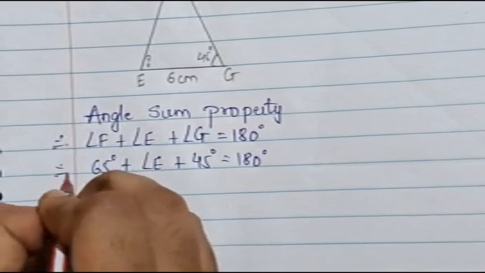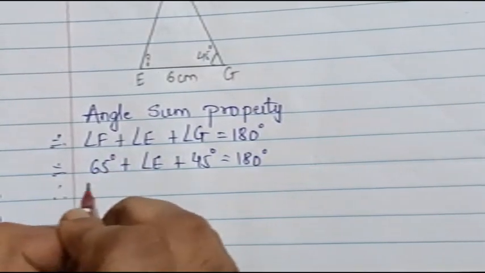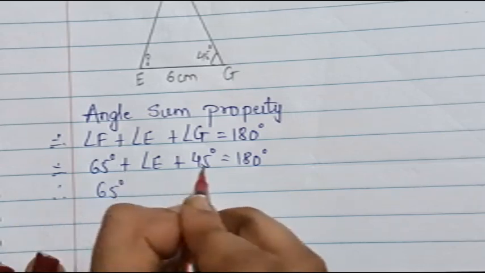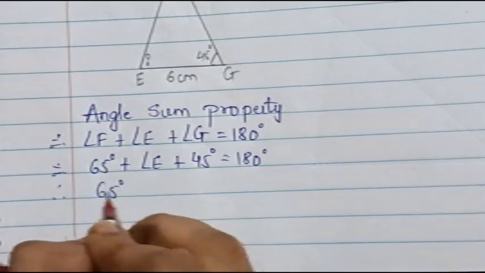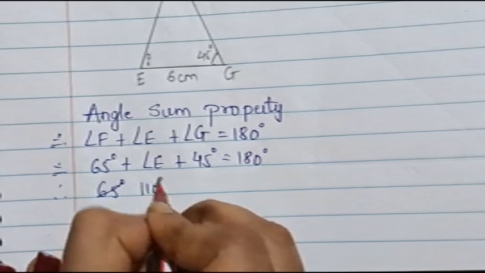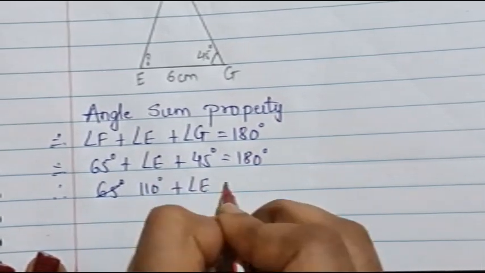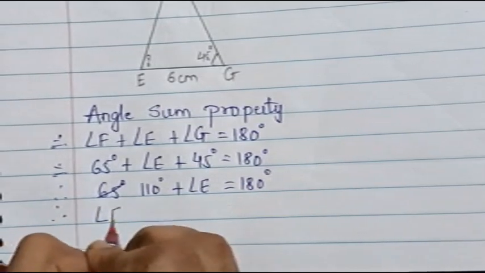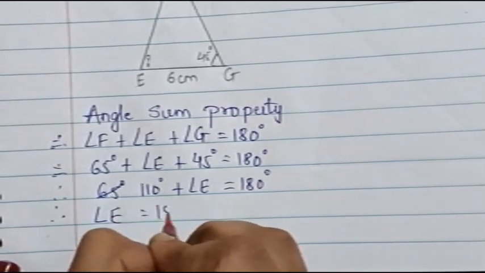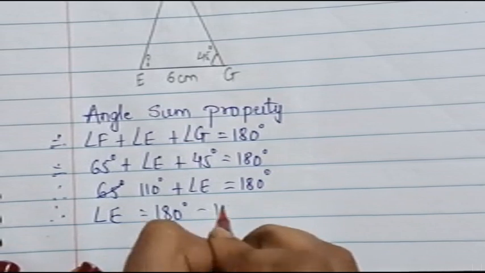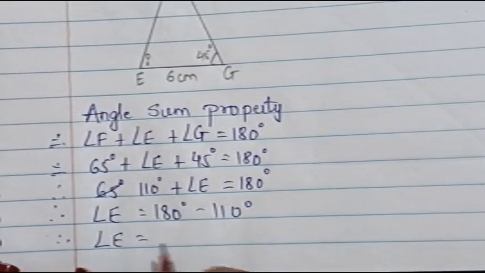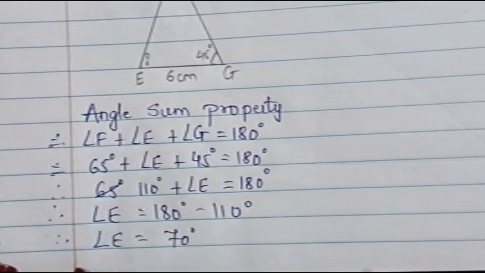Therefore 65 degree plus 45 degree, that is 110 degree, plus angle E is equal to 180 degree. Therefore angle E is equal to 180 degree minus 110 degree, that is angle E is equal to 70 degree.